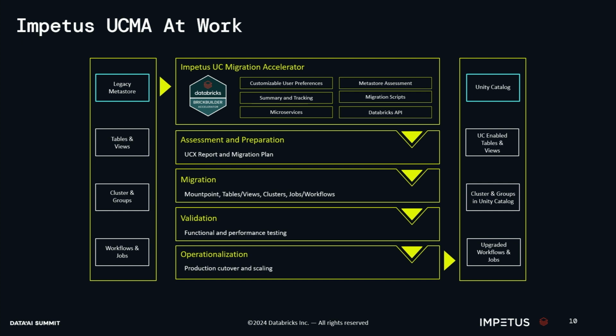The next one is, now that I've done the migration, how good is my validation? Am I able to run these jobs on the new cluster, and then start using Unity Catalog? So validation is what the other framework or module handles, wherein we do a simultaneous comparison of your existing workspaces, the jobs that are running and the data assets that are created, versus the data that got migrated to Unity Catalog.